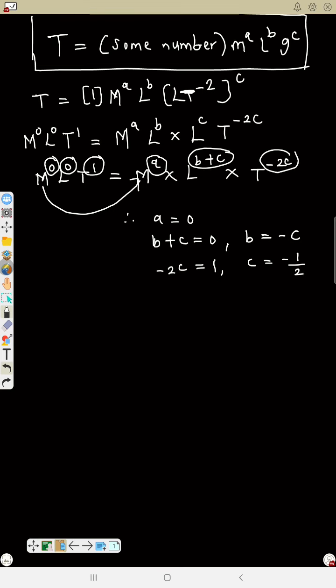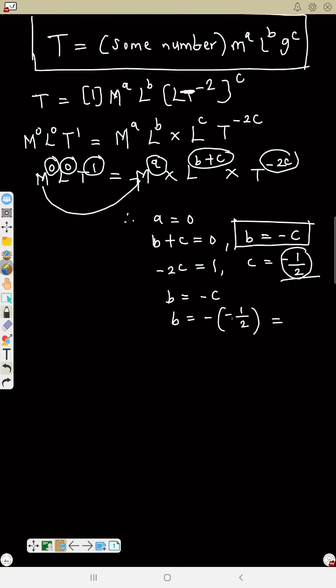Now if C is minus 1 over 2, we can put it here to find B. Since B is equal to minus C, then B is equal to minus, so C is minus 1 over 2, so minus times minus is plus, so that will be 1 over 2. So we know A to be 0, B to be 1 over 2, C to be minus 1 over 2.